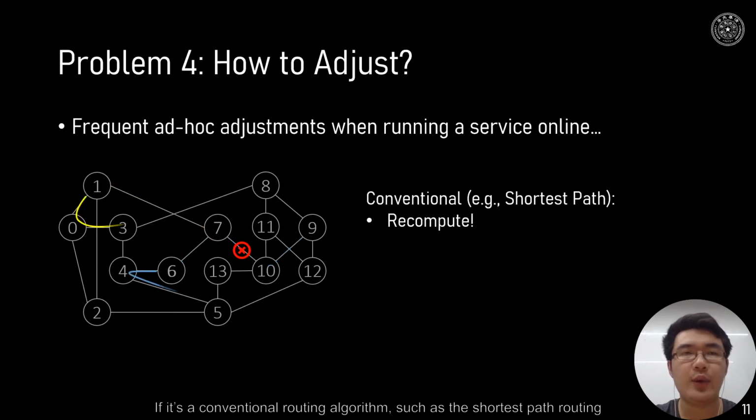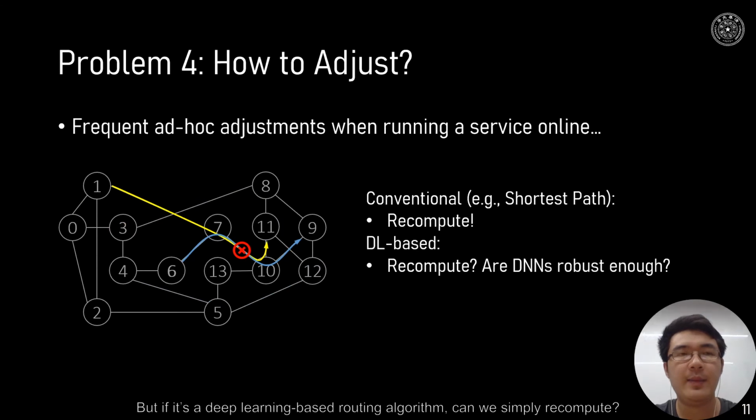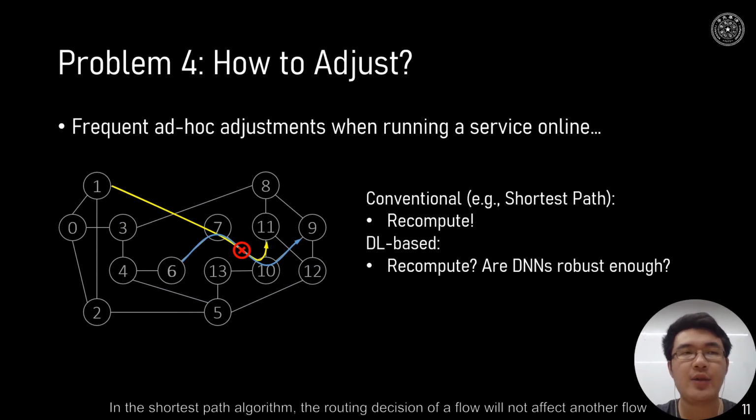If it's a conventional routing algorithm, such as the shortest path routing, network operators can just recompute the second optimal path for those affected demands and reinstall the routing rules. But if it's a deep learning-based routing algorithm, can we simply recompute? In the shortest path algorithm, the routing decision of a flow will not affect another flow.